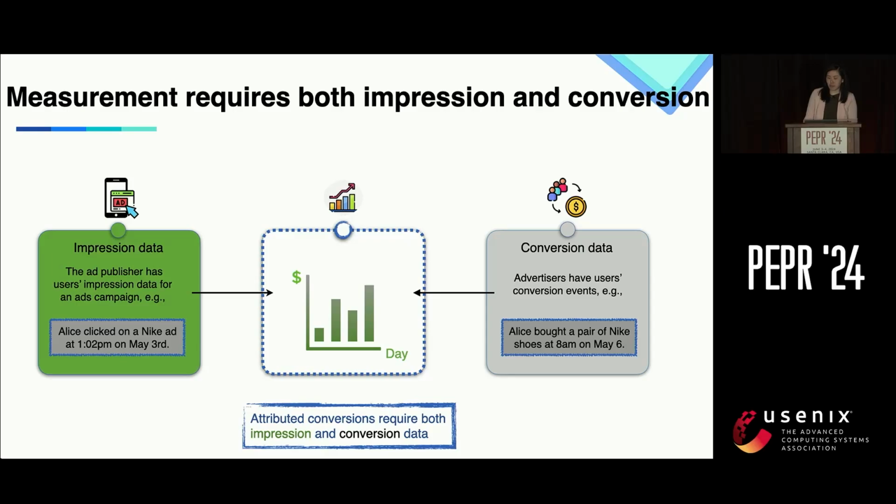And effective measurement require data from both the impression and conversion data working together. So this way, by correlating the impression data with the conversion data, the participating parties could know the return of investment for the advertisers' dollars.